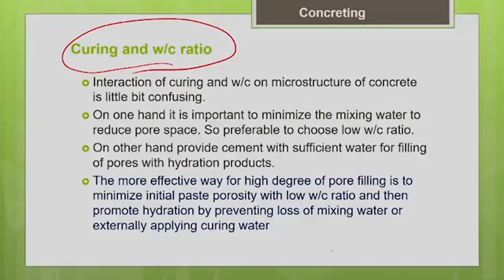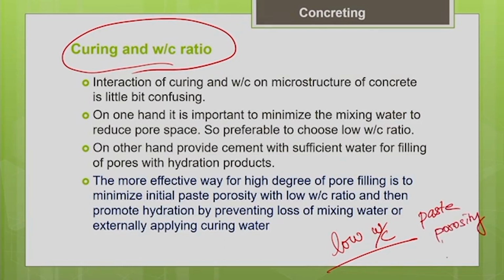The best thing is you always go for low water to cement ratio. It is always preferable to design the concrete with low water to cement ratio. When we go for low water to cement ratio, your initial paste porosity will be less, so the pores will be less.